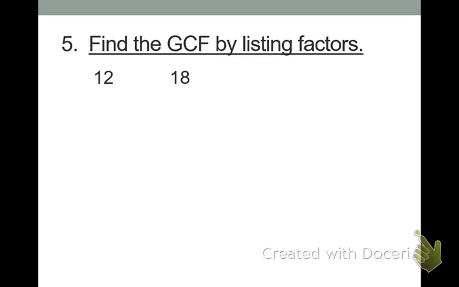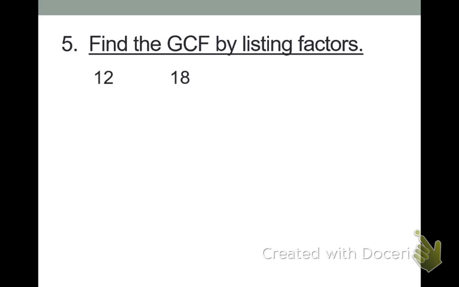I want you just to skip a line and write this down. We are still going to be finding the GCF just like we just did, but this time we're going to do it by listing factors. Because I'm finding the GCF of the same two numbers, 12 and 18, my GCF should be the same number. So we're going to find out if, by listing factors and prime factorization, you can still get the same answer.